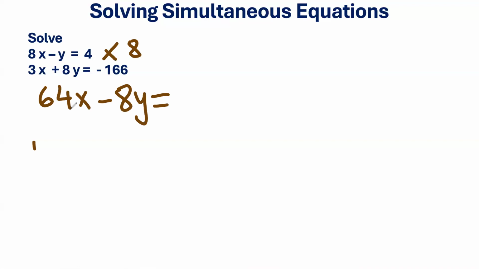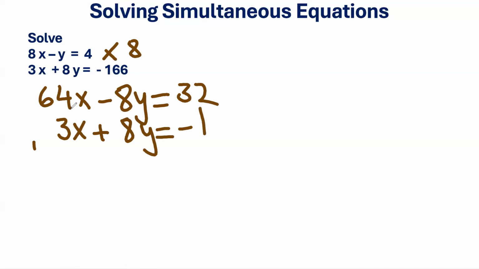And 8 multiplied by 4 will give you 32. We are not making any changes in equation number 2. It is the same: 3x plus 8y is equal to minus 166.